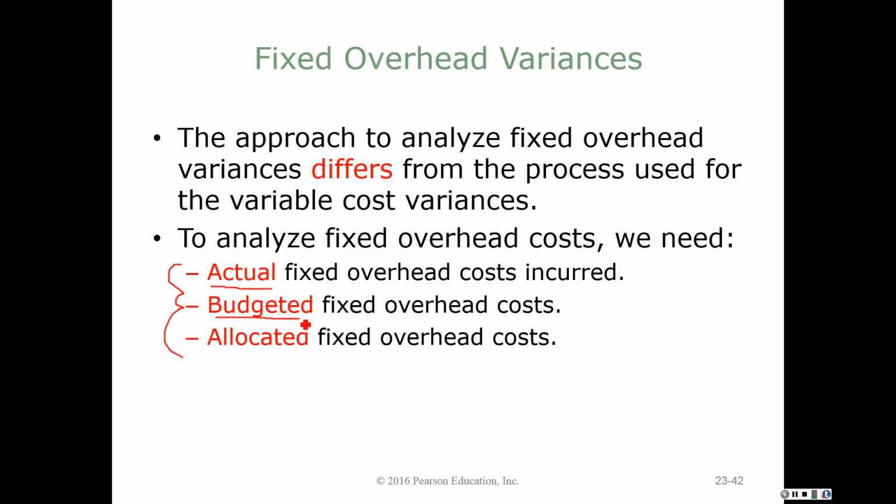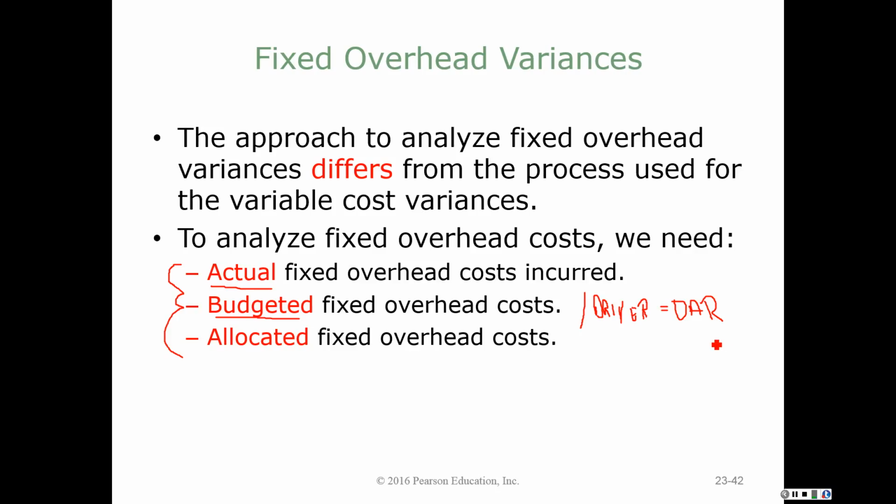And if you'll remember, we're using this budgeted overhead amount divided by some driver or base to come up with an estimated overhead application rate. Okay, so I know this is kind of crazy. This is my overhead application rate. So this is the $3 that we had estimated before.